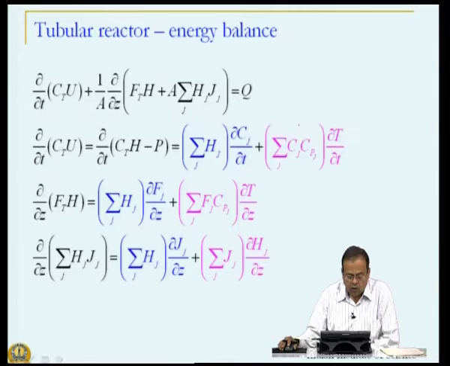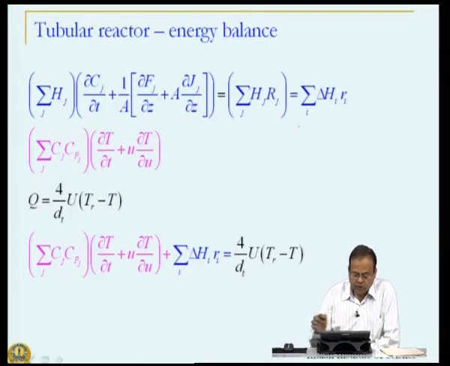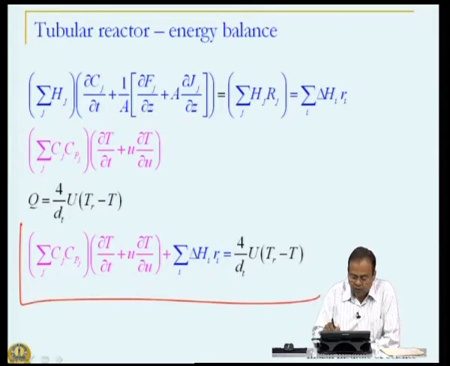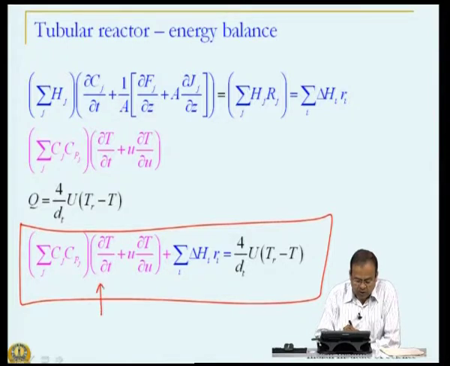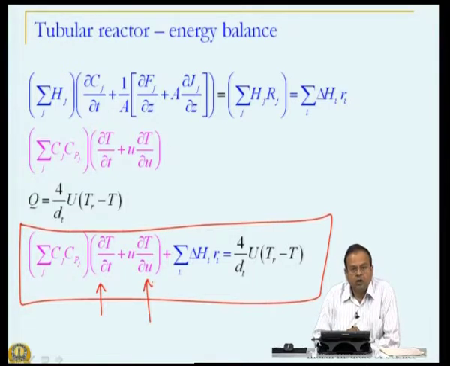Now, if we go through the energy balance, we once again have a similar equation. The first term denotes the accumulation of energy, this is the convective flux or convective enthalpy flow, if you like to call it. This is the contribution due to reaction, summation delta HI RI.